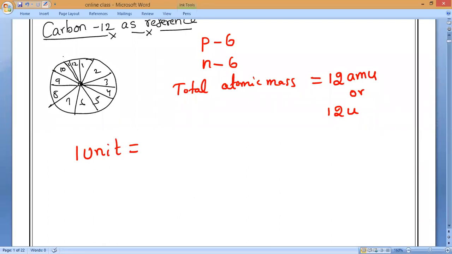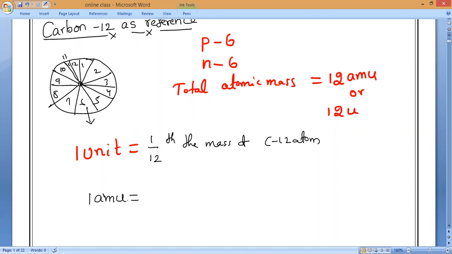If I cut it into 12 equal parts, one part is considered as one unit, or we say 1/12th the mass of a C-12 atom, which equals how many atomic units? 1 unit. That is what we say: 1 AMU, 1 atomic mass unit, is equal to 1/12th of carbon-12. Is it yes or no? Please respond.